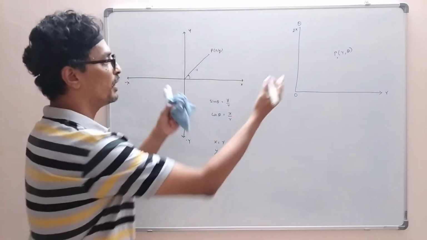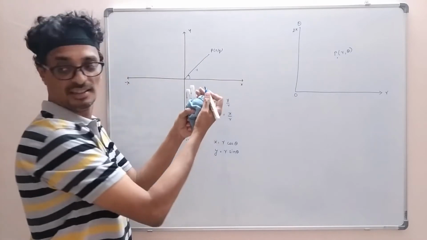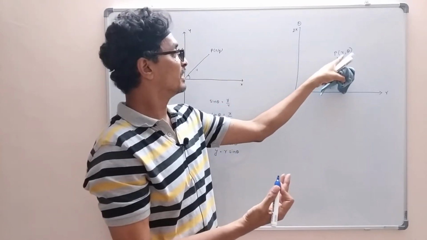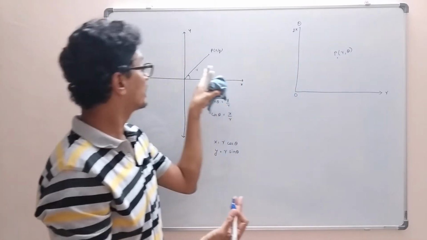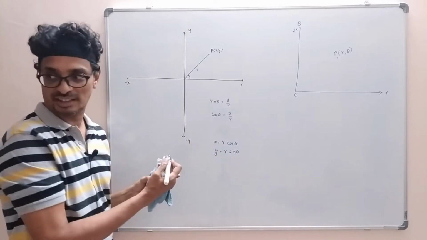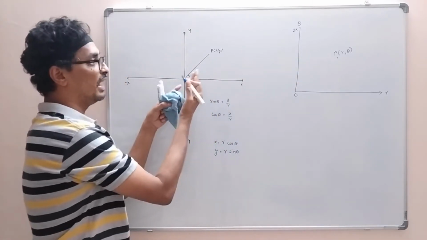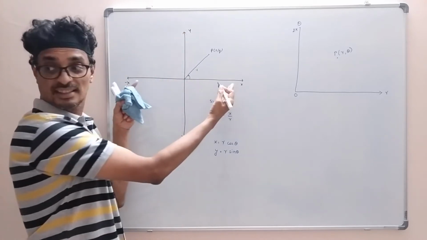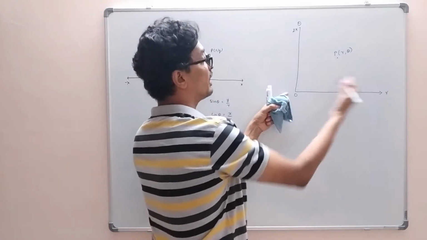Correct? So how am I going to connect these 2 points? If I give any point in r and theta, then the equivalent point in the xy system will be x equal to r cos theta, y equal to r sin theta. In this way, a point can be represented in the xy axes or in r and theta.